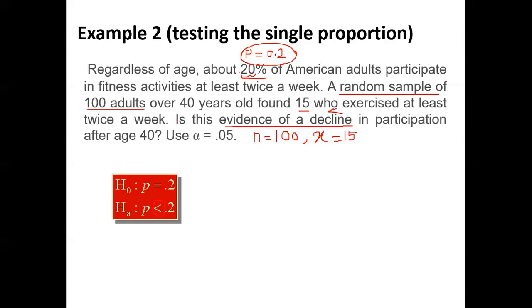Why is the alternative hypothesis P less than 0.2? Because it asks about evidence of a decline, whether the proportion is 0.2 or less than 0.2. Is this evidence of a decline in participation after age 40? That means less than 0.2.